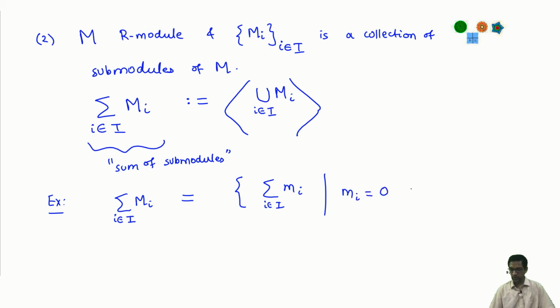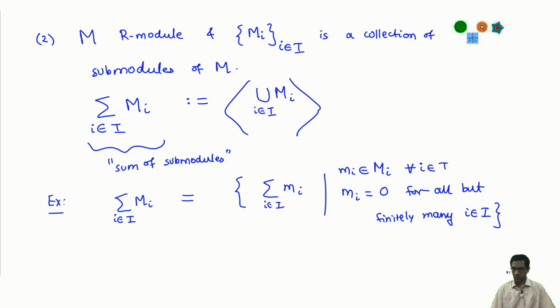So mi should be 0 for all but finitely many i in I, and mi belongs to capital Mi for all i. So it's finitely supported sums, if you wish, or finite sums of elements from each Mi. Prove that these two are the same. These two definitions, what we gave as the definition and this alternative description, are actually the same set. That's an easy verification.